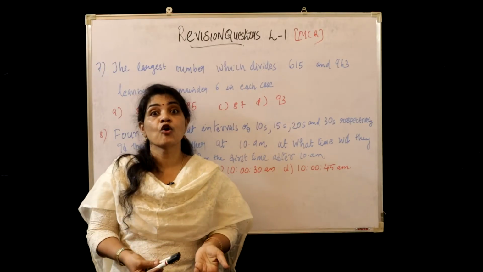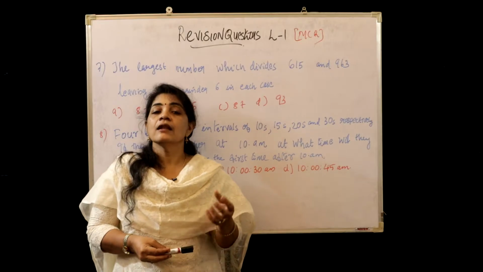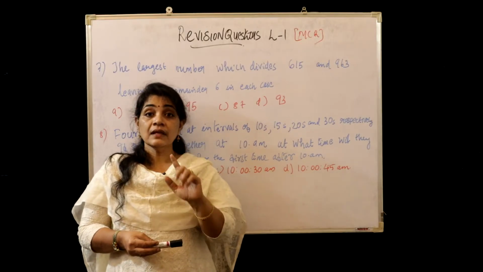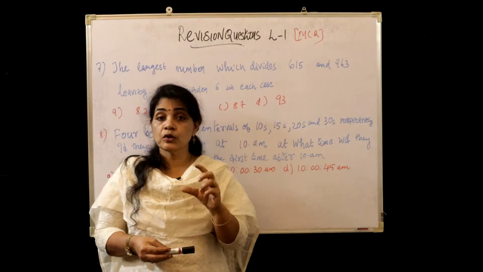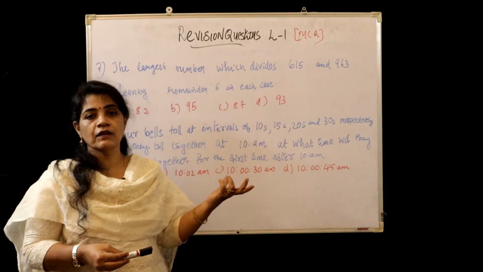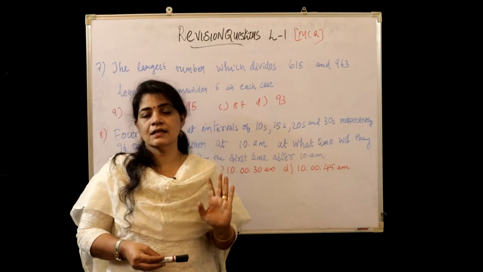HCF is highest common factor, so largest and highest have the same meaning. And here, 6 will be the remainder. That means you should not take directly the HCF of the given numbers in the question. The remainder must be 6 in each case.